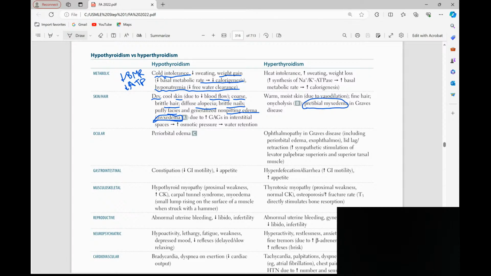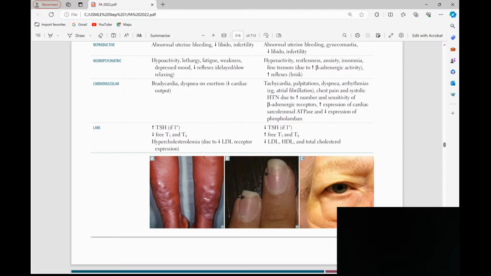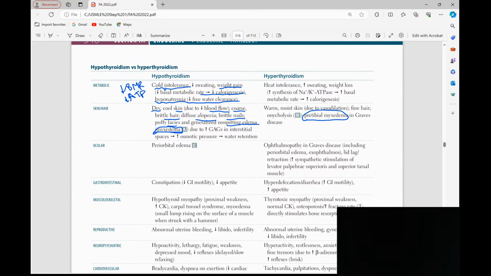So when there is a patient with lower limb non-pitting edema at any location, in the shin area of the tibia, this is pretibial myxedema. Myxedema is usually generalized with moon face, puffy face, and why it occurs is in the interstitial space, like between cells, there is a space, and here there will be a collection of GAGs, that is glycosaminoglycans, and this will increase osmotic pressure and cause water retention. So this is the basic physiology, increasing GAGs.